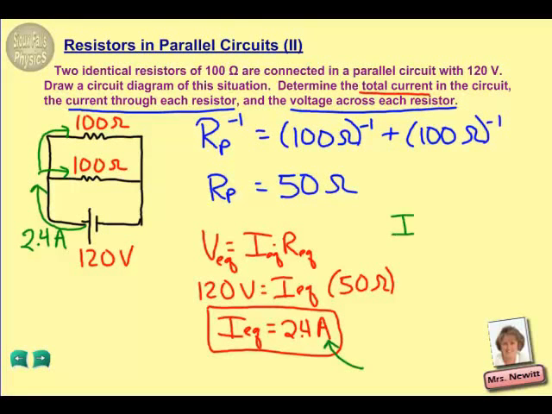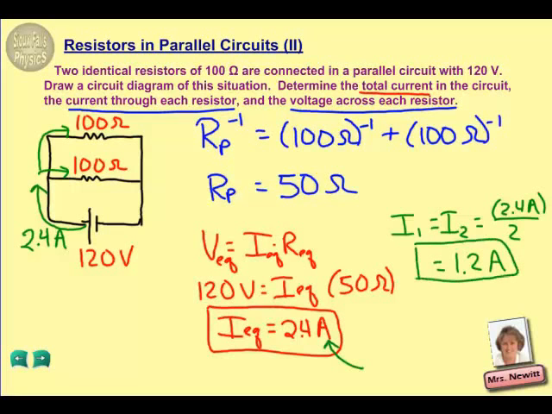So the current through resistor 1 and the current through resistor 2 are both simply equal to the 2.4 amps divided by 2. And so both of them are equal to 1.2 amps. And of course that means that we'll have a total sum of 2.4 amps for the entire circuit.